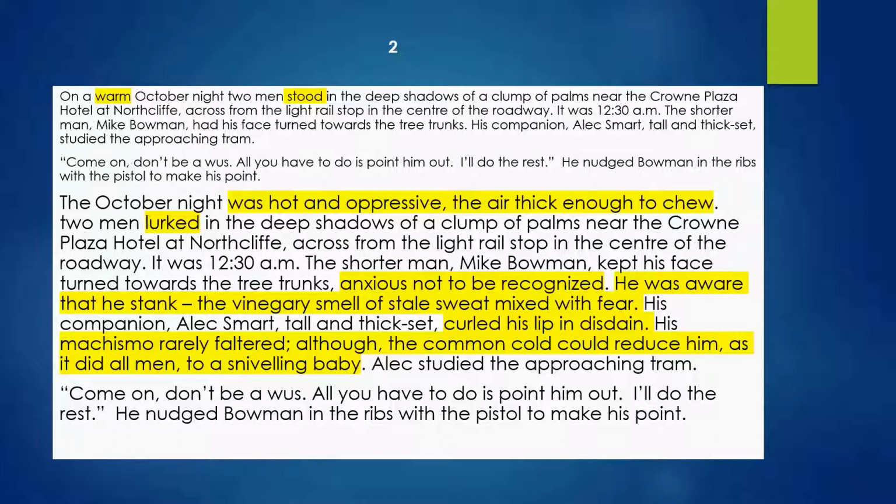And here you notice the personality of the narrator. Note narrator, not author. The personality of the narrator comes out. There's a little hint of poking fun. We hear that his machismo rarely faltered, but that the common cold could reduce him to a snivelling baby. So it's a little bit of humour here.